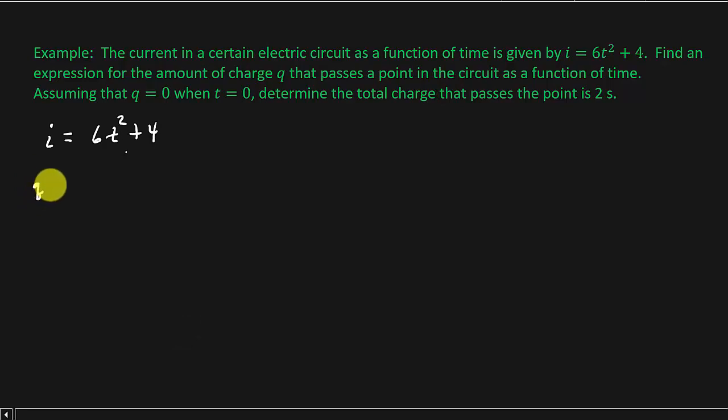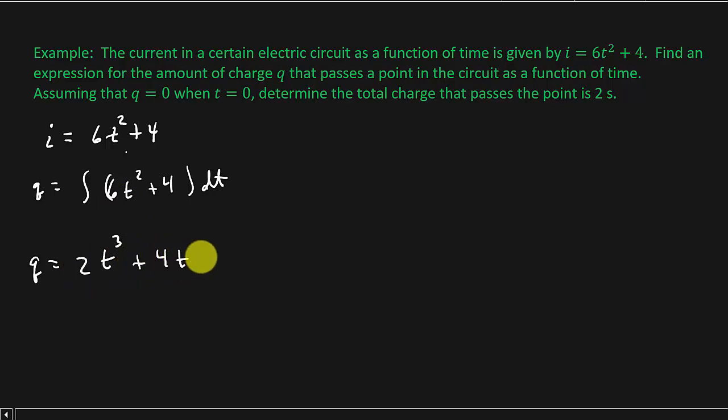So we've got Q is equal to the integral of 6t squared plus 4 times dt. So Q is equal to, that's going to be t cubed, 6 times 1/3 is 2, plus 4t, plus some constant C. All right. And so we need to figure out what C is.